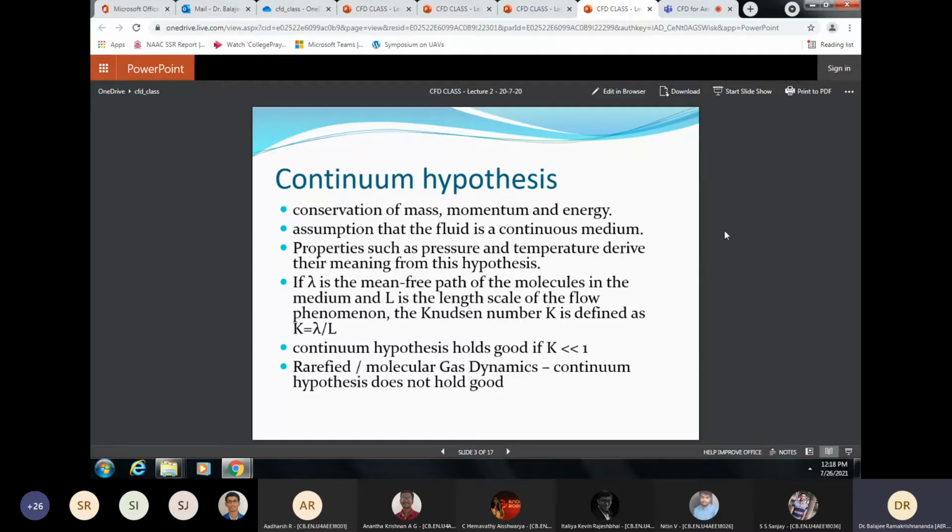If you have fewer people in the same room, and all of you are running randomly, the chances that you collide with each other are less. Similarly, if the gas is rarefied, there are fewer molecules per unit volume, which means the mean free path lambda is large. With denser molecules, the distance between successive collisions, which is called the mean free path, is less at a lower altitude.